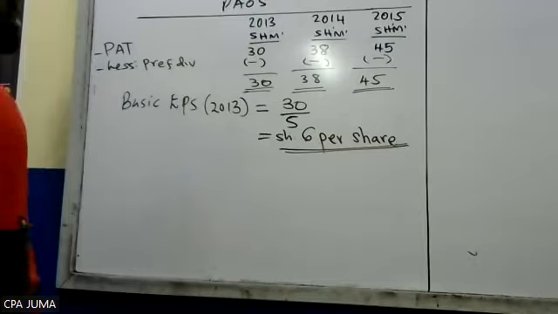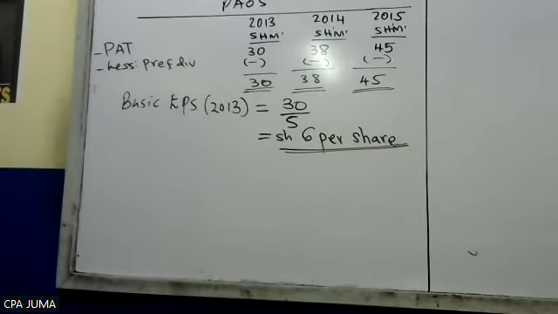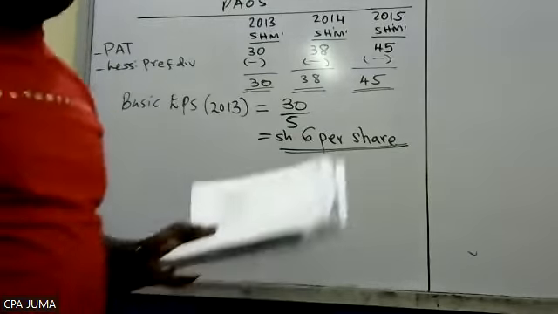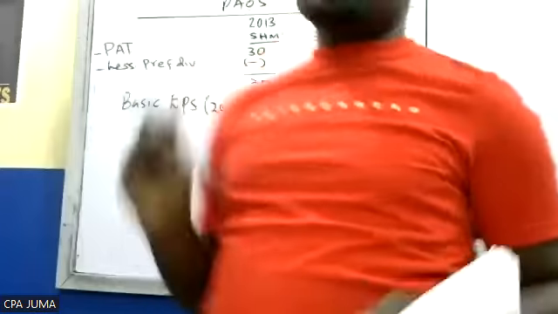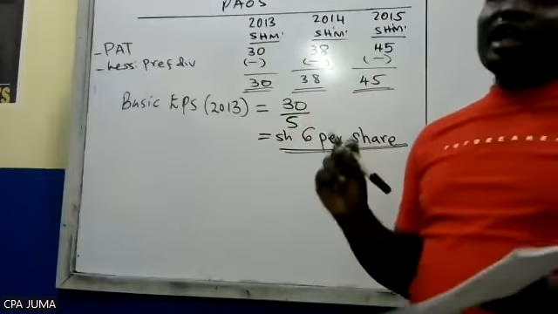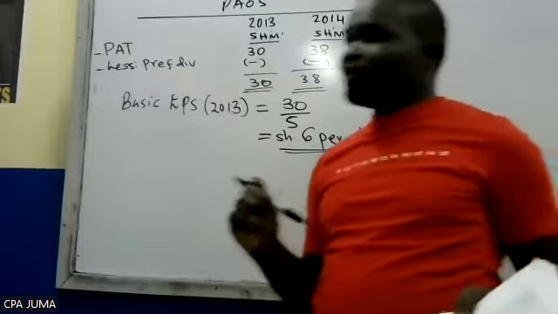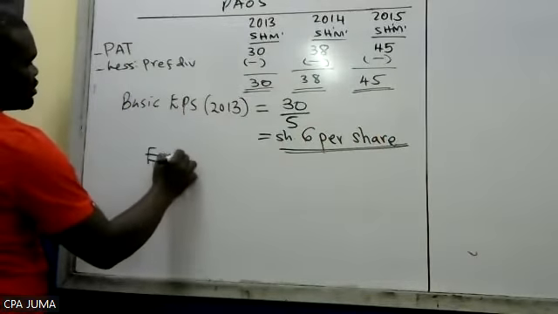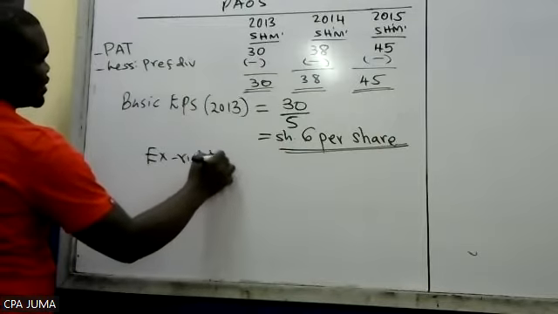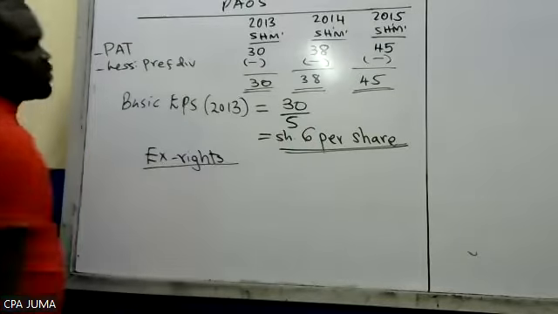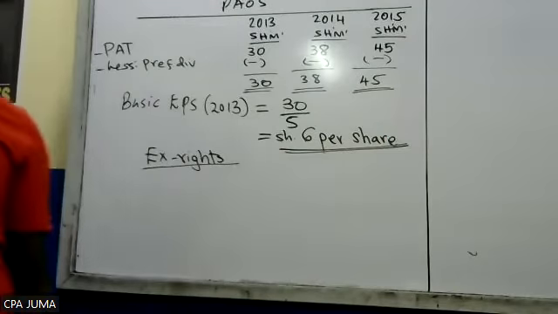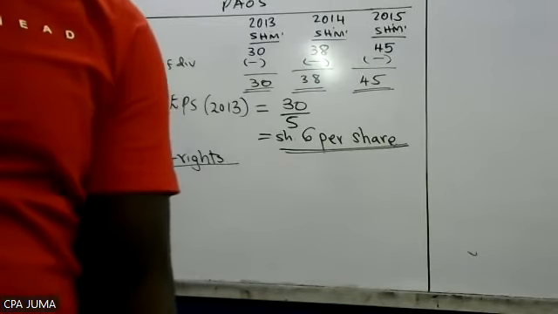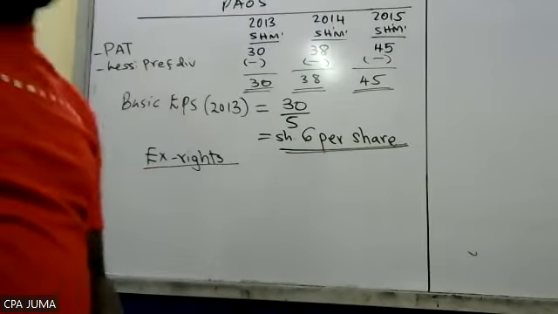2014, there was a rights issue. Any moment you come across a rights issue, you must get the ex-rights price first. So let's calculate the ex-rights price. Using the question we did last, can you try to apply that in this question and tell me how much the ex-rights price is?